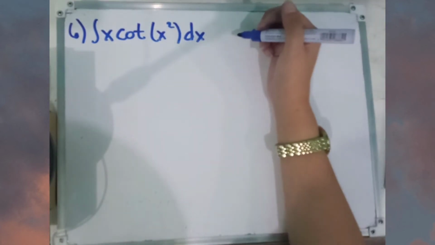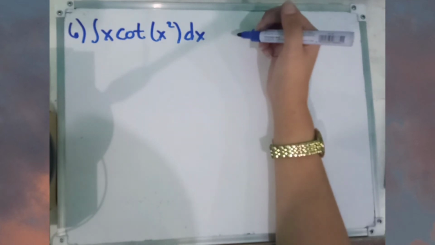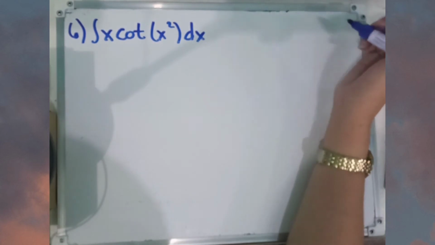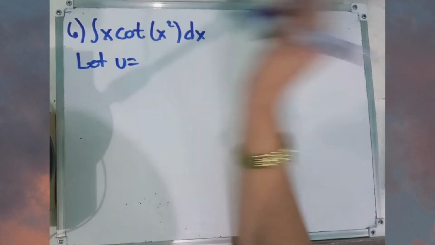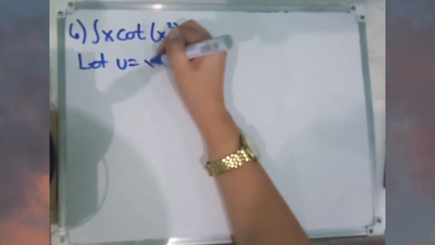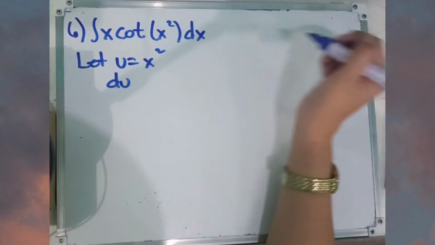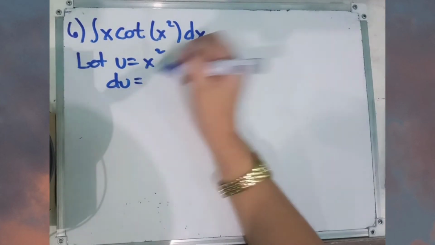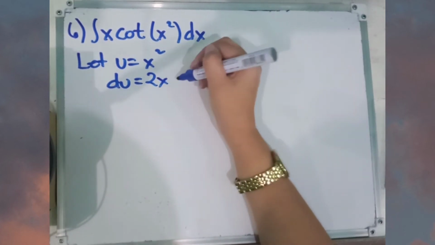Next we have example number 6. Example number 6 is the integral of x cotangent x squared dx. So we can let u be x squared, and the derivative of x squared with respect to x is 2x dx.